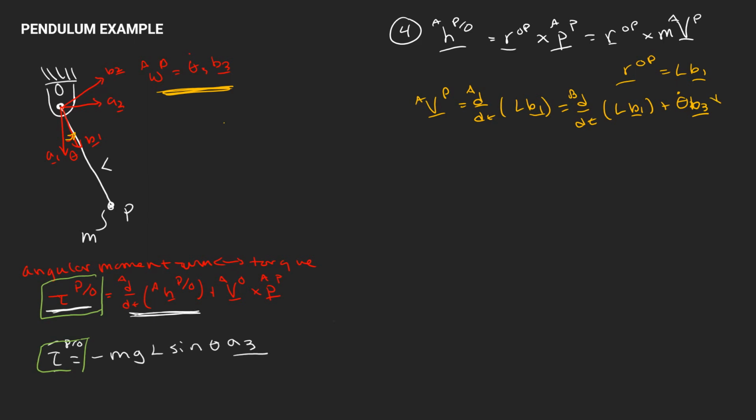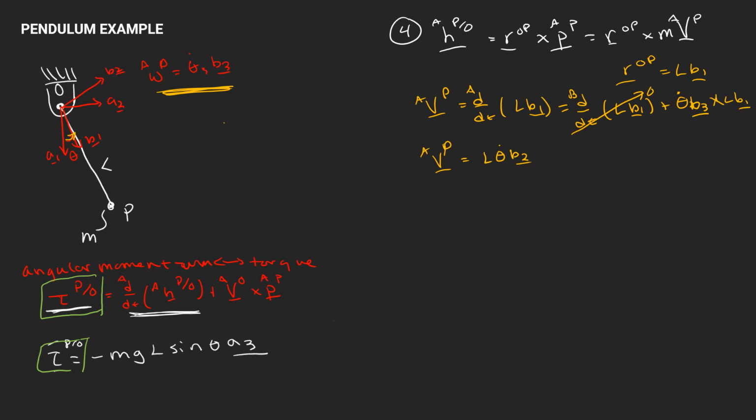And so that's crossed with our position vector, L B1. So this term actually ends up going to 0. And so what we're left with is L theta dot, and then we have B3 crossed with B1, which is equal to B2.